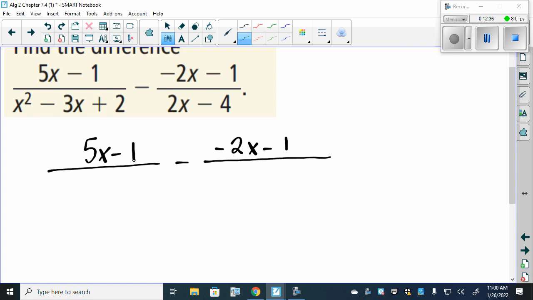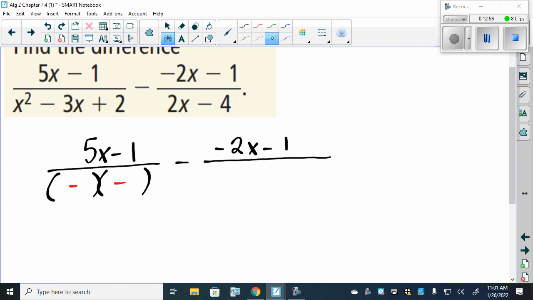Which one do we want to factor first? Let's do this one here. Now, since the third term, the 2, is positive, the signs are the same and they match the sign of the middle term, which would be negative and negative.